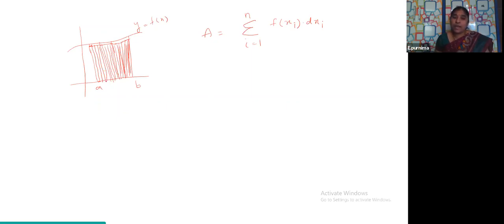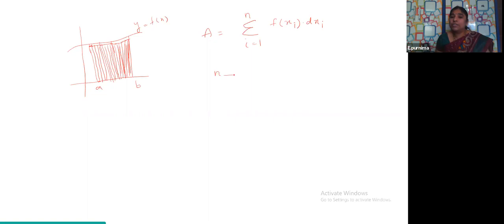So when you say the n value is increasing, till where can it increase? It can increase till an infinite number of rectangles. Rectangles are represented by n, n number of rectangles we are saying.